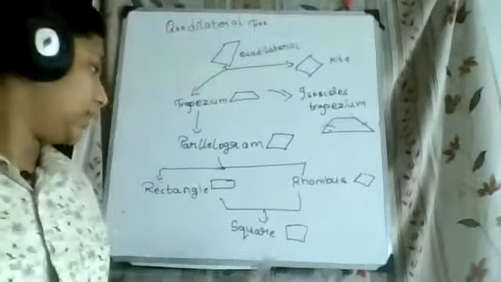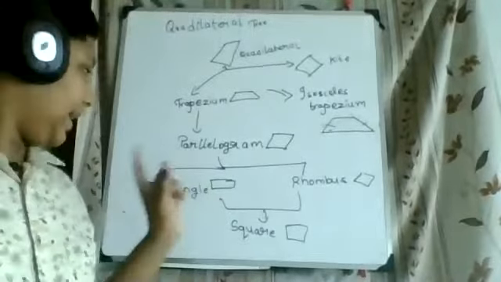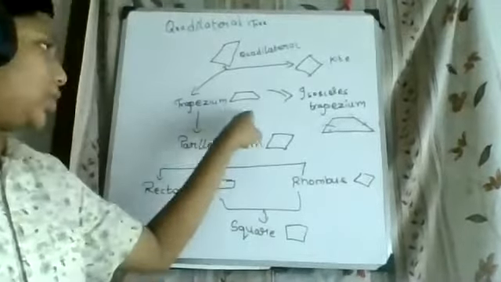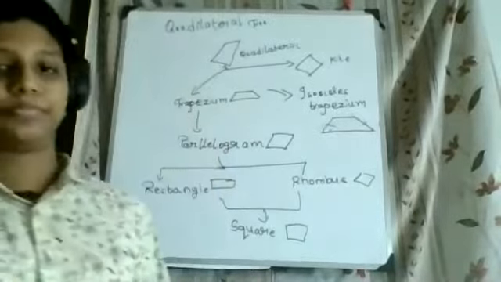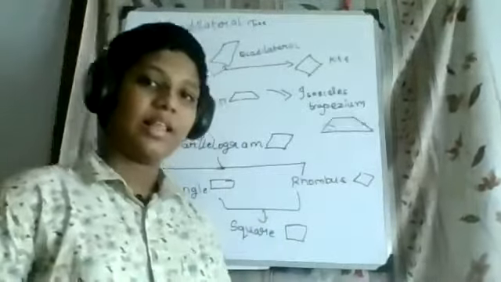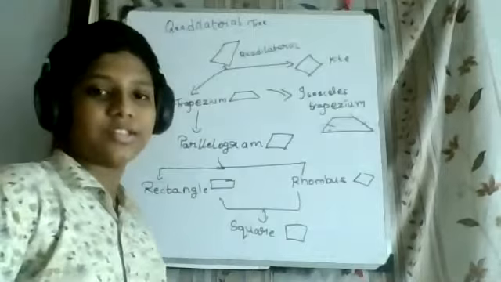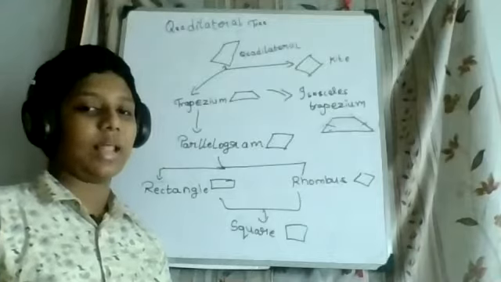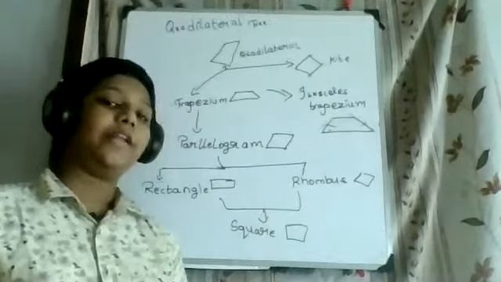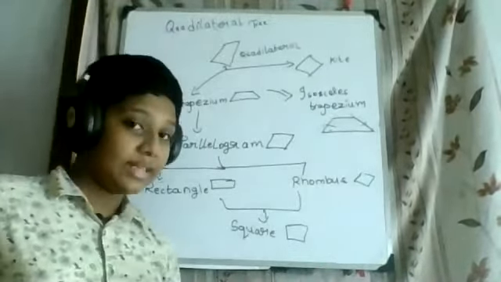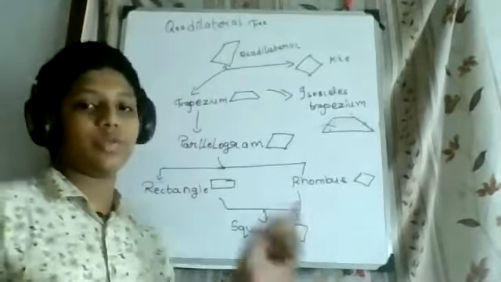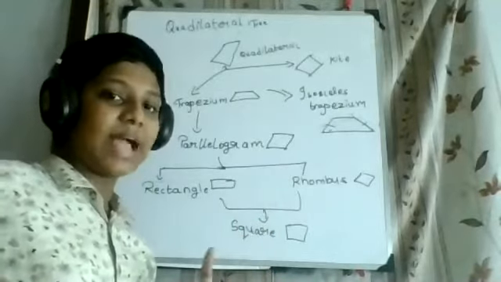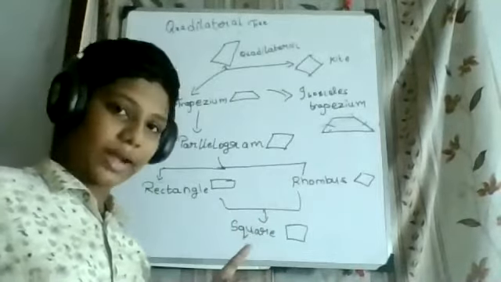Next, square. A square is a rectangle as well as a rhombus as well as a parallelogram as well as a trapezium as well as a quadrilateral. How will you tell? By the definition of square based on rectangle. If a rectangle has adjacent sides equal, we will get a square, and a rhombus with adjacent angles equal will give you a square, and a parallelogram with adjacent sides equal will give you a square.